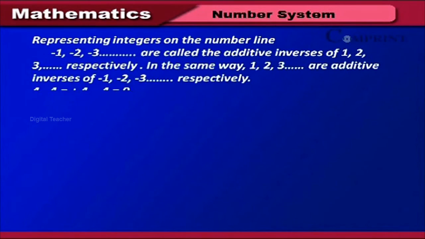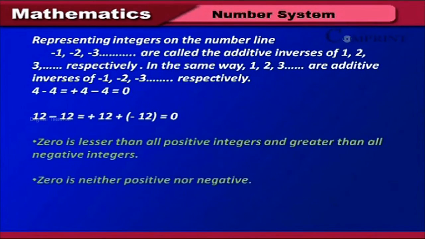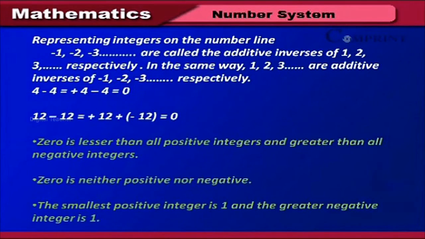Representing integers on the number line. -1, -2, -3 are called the additive inverses of 1, 2, 3, etc. respectively. In the same way, 1, 2, 3 are the additive inverses of -1, -2 and -3 respectively.